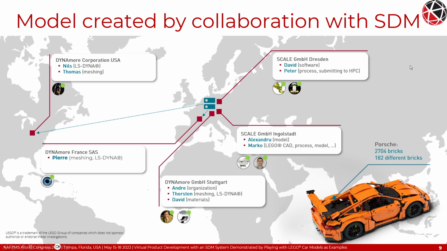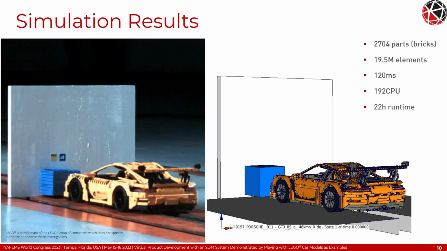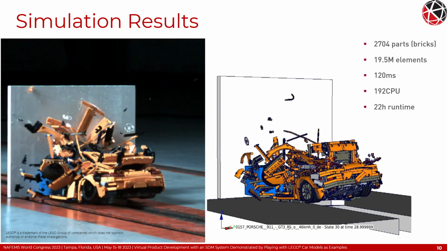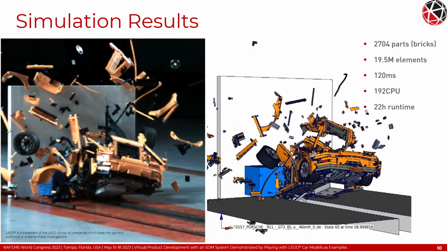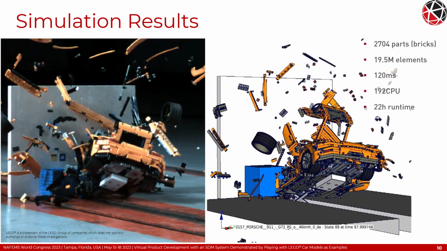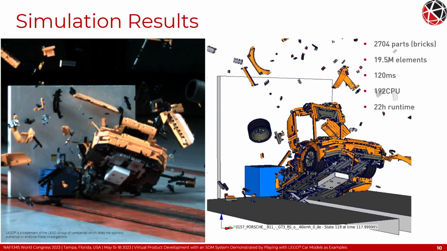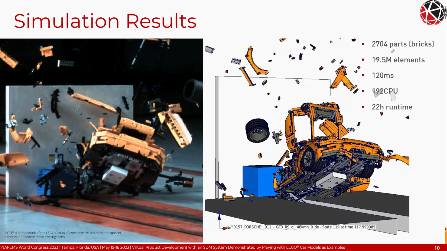We also used our SDM system to distribute the workload of meshing to different volunteers throughout all of our offices, and all of the offices of Dynamo, to be precise. And by this, at some point, we were able to create the full vehicle crash model for the Lego Porsche model. We validated this against the video footage which we had from YouTube. And that was the result. As you can see, we already got pretty close.